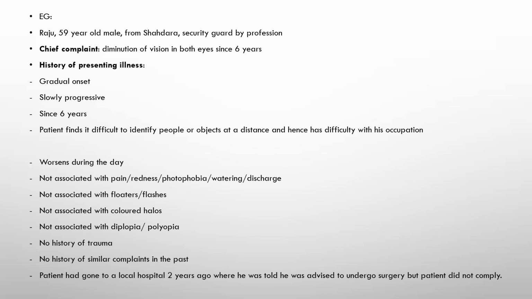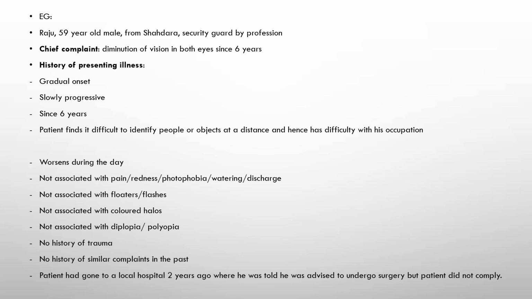Now, when we ask further questions, we ask him, okay, fine, do you think that it aggravates during a certain time, is it fluctuating, is it constant? So he tells us that, okay, we have this complaint, it worsens during the day, I'm able to see better at night. So now this will give you a lot of information. Why? Because in bright daylight, the pupil will constrict, right? So if there is a media opacity in the visual axis, all those will become more apparent, because at night the pupil will dilate.